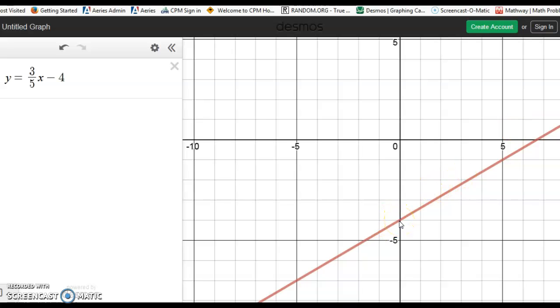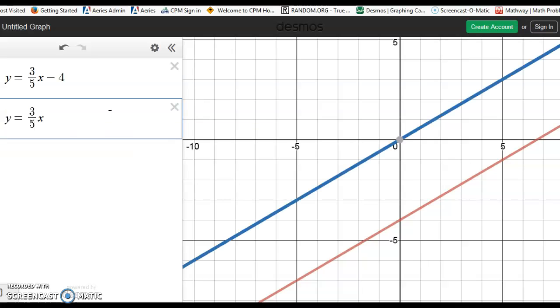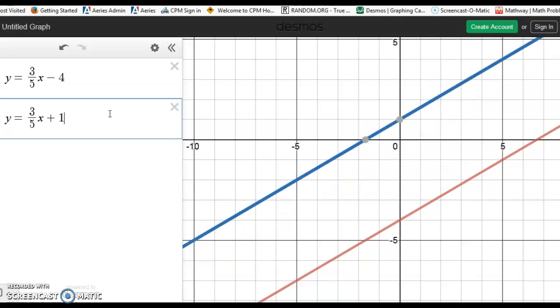So if I go up 1, 2, 3, 4, and then 5, we should have hit this line right here. So our new equation, notice that we're not changing it. We didn't change the direction of this graph. So we still should have had the same slope, but this time we came up with an equation. Right, so y is equal to 3/5 x plus 1.